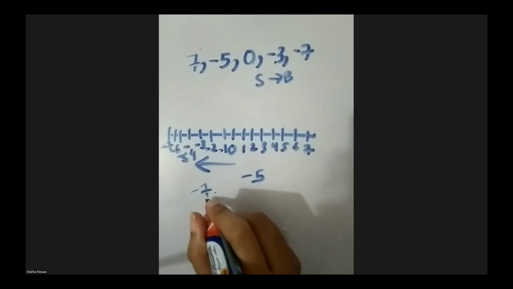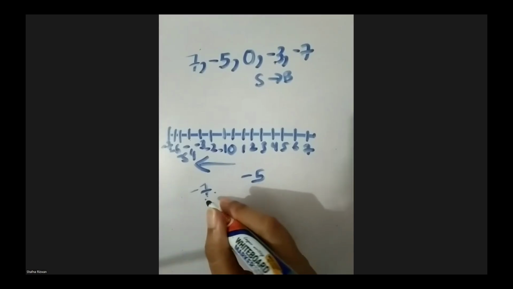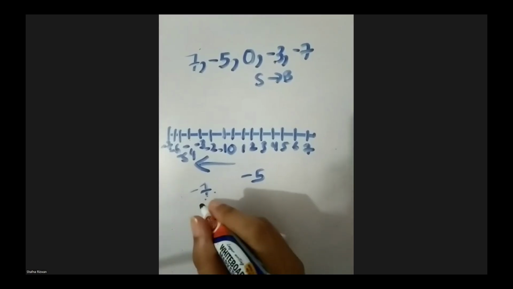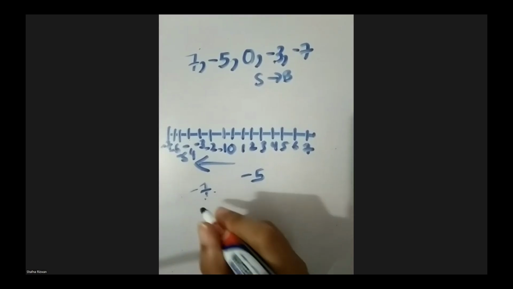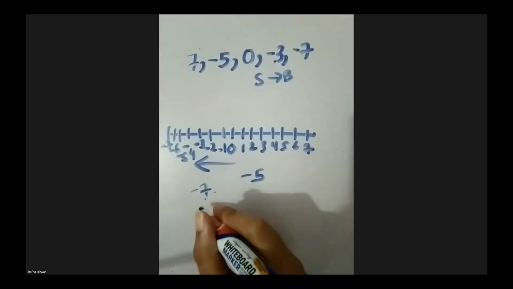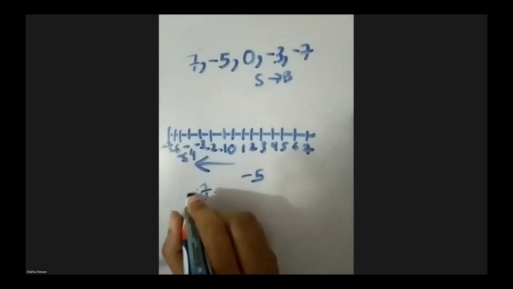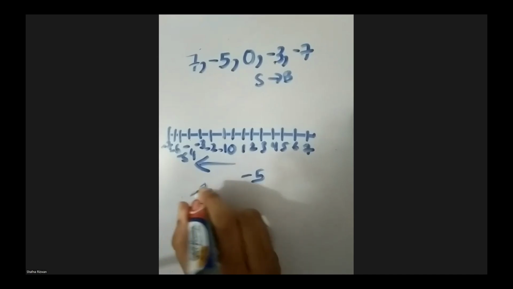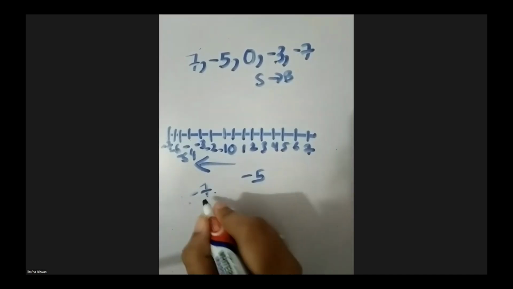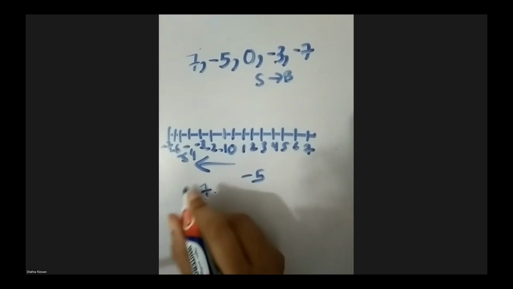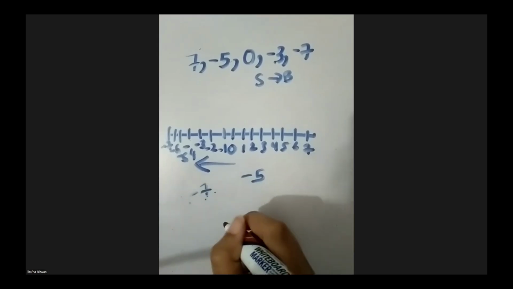When the negative number is becoming bigger, the value of this negative number will become smaller. This number will become the smallest number. You all will think our number is becoming bigger, so this number is the bigger number. No. When you have minus in front of the number, when the number is bigger, that means this number is the smallest number.